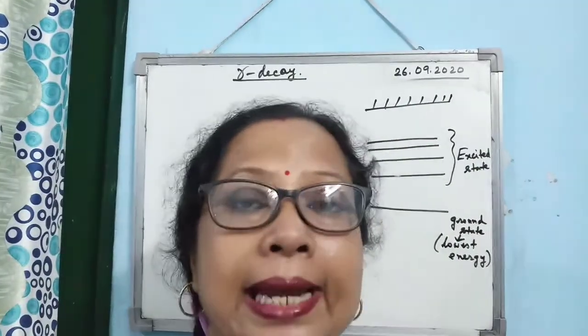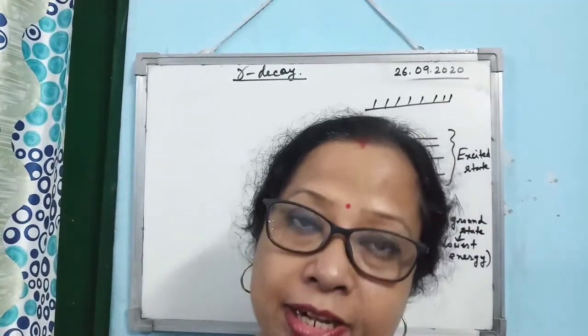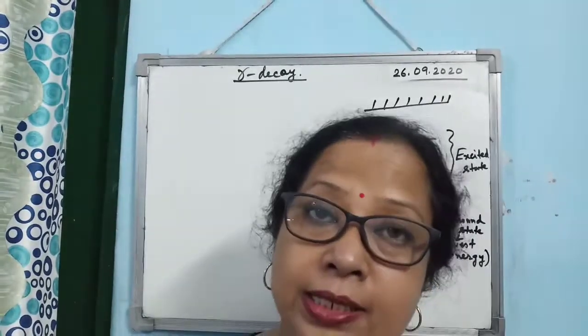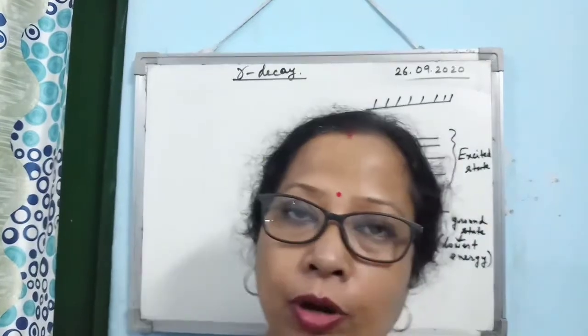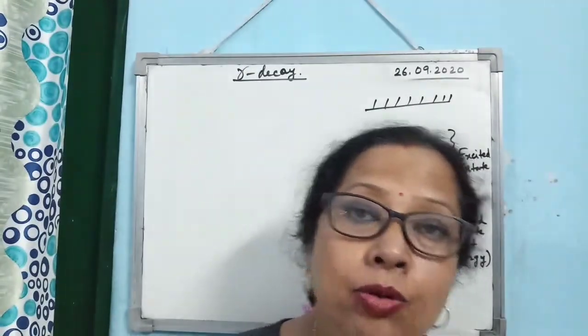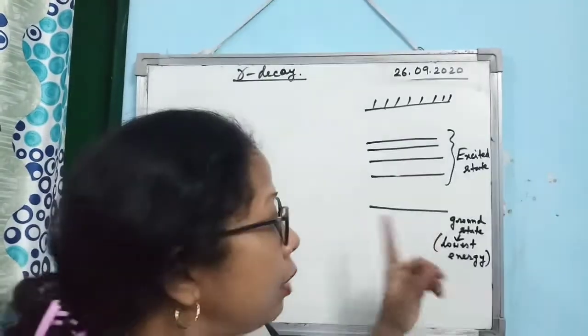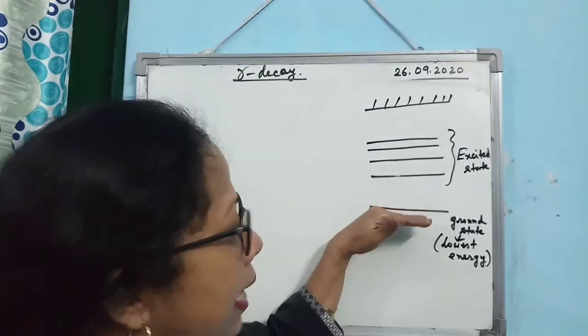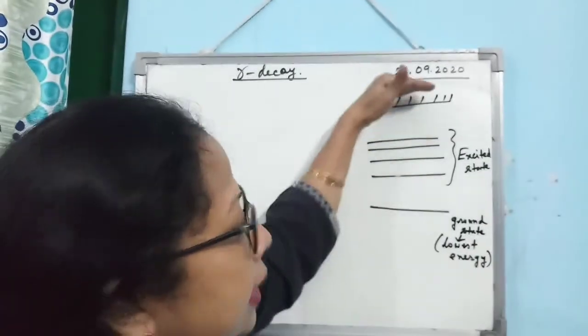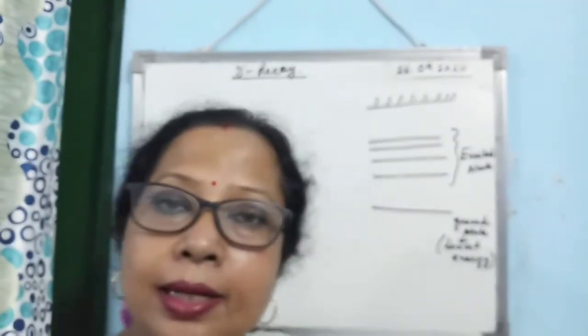As we know, electrons can stay at different orbits, and orbits have different energy levels. Like that, the nucleus of an atom can also stay at different energy levels. So all these lines I have drawn, what are they representing?